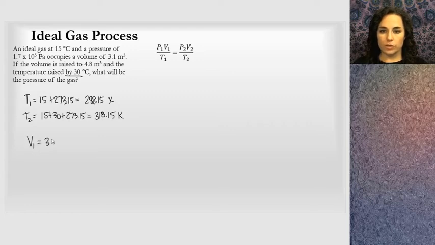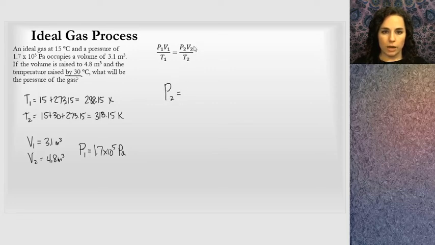V1 equals 3.1 meters cubed and V2 equals 4.8 meters cubed. And P1 equals 1.7 times 10 to the 5th pascals. So I've identified all of the quantities I need to go into the equation, and I'm solving for P2.